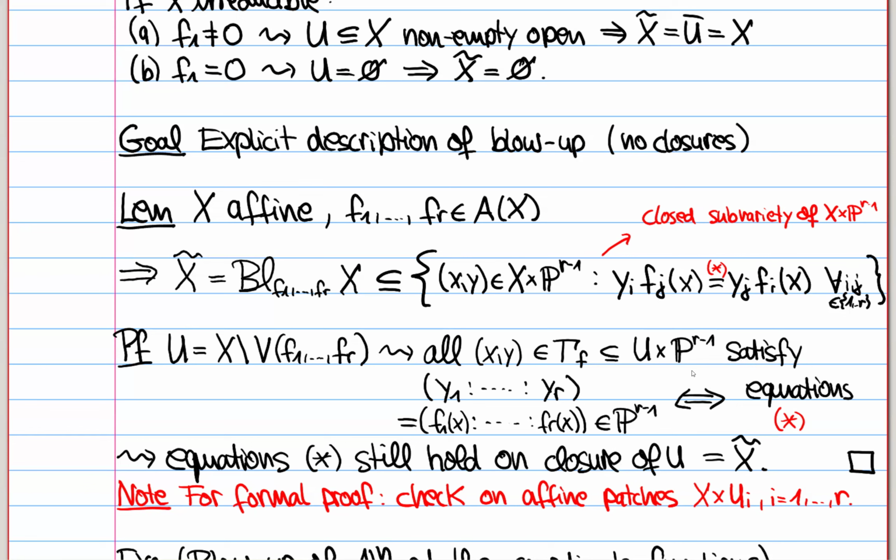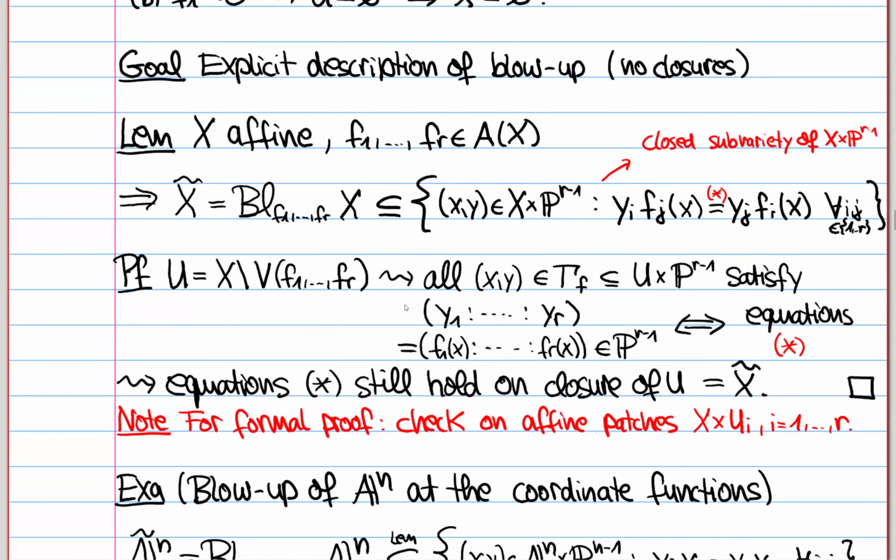Okay, so we see in this lemma, we only get some kind of containment. X tilde is at least contained in here, but we're not sure at this moment if it's always an equality. What we will do next is look at, I would say, the most important example of a blow-up, namely the blow-up of affine space at its coordinate functions.